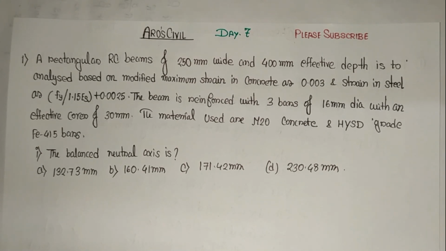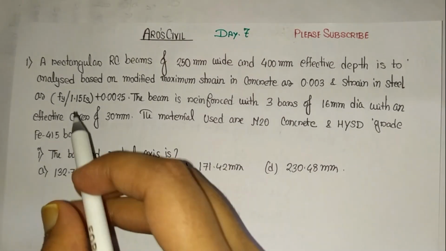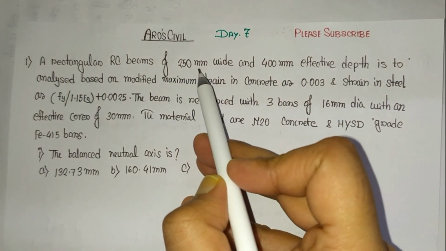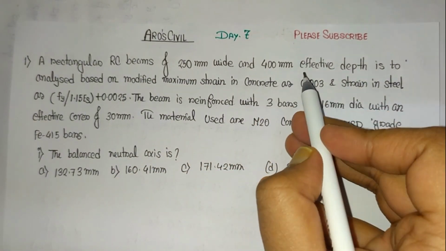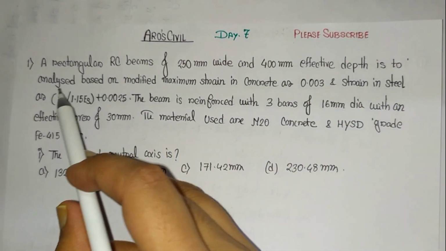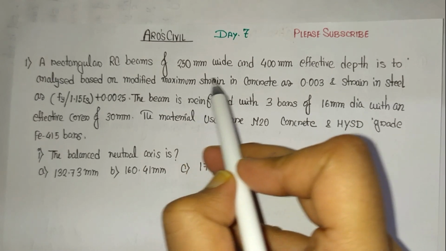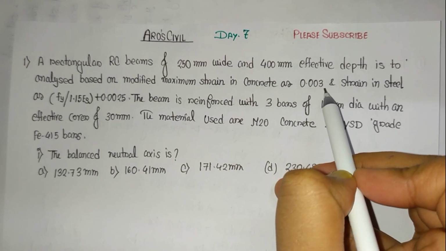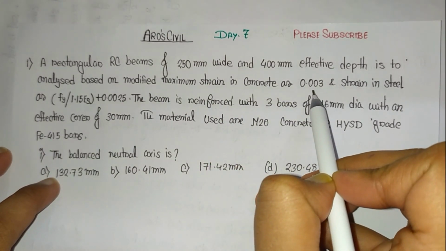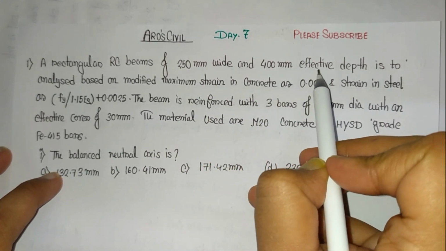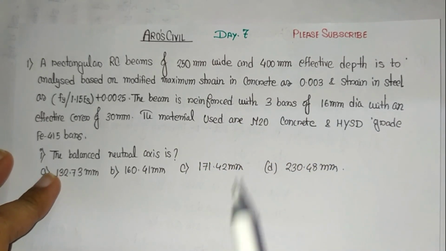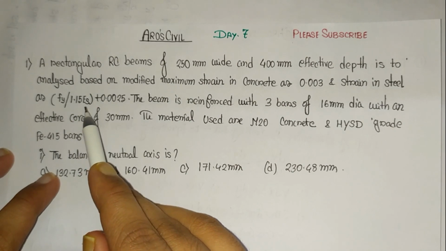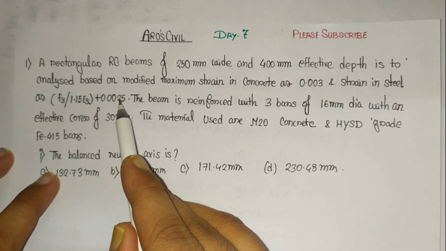Okay, so let us start today's question. The first question is: a rectangular reinforced concrete beam 250 mm wide and 400 mm effective depth is to be analyzed based on modified maximum strain in concrete as 0.003, and strain in steel as fy by 1.15 Es plus 0.0025.